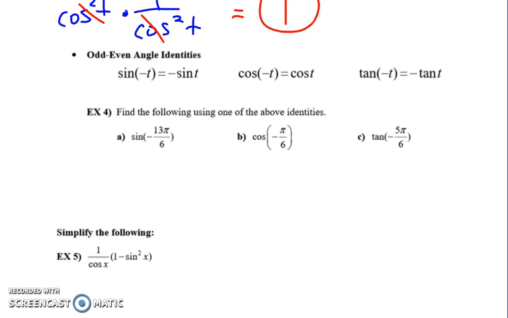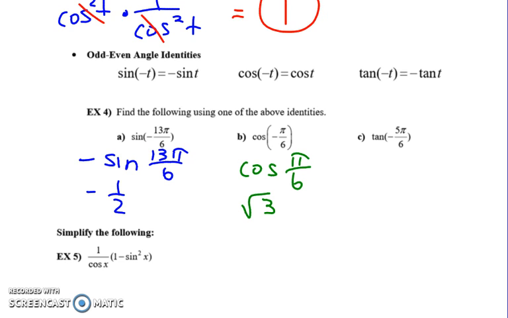So if we have the sine of negative pi over 6, that becomes the opposite of sine pi over 6. So it's going to end up being negative 1/2 as our answer. If we have cosine of negative pi over 6, that's the cosine of positive pi over 6, which is square root of 3 over 2.